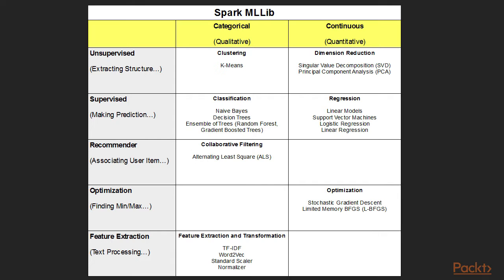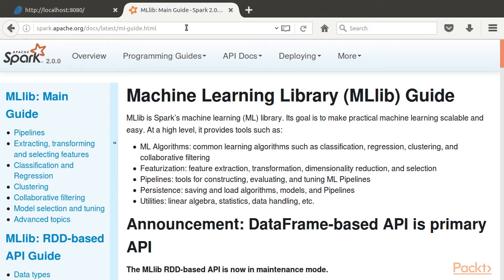Clustering covers k-means, Gaussian mixture, power iteration clustering, latent Dirichlet allocation and their variants. Collaborative filtering provides recommendations, and the algorithm used here is alternating least squares. And for more details, please refer to the official spark.mllib documentation on spark.apache.org/docs/latest/mllib-guide.html.